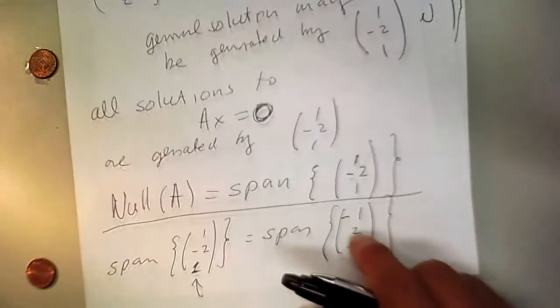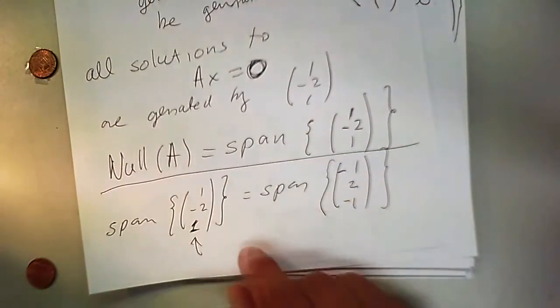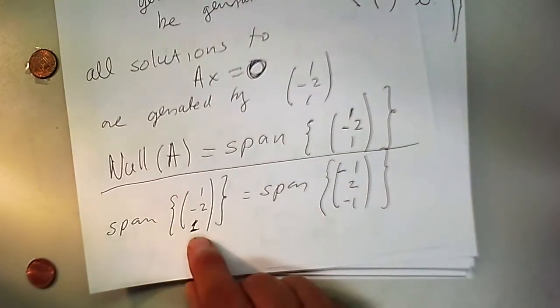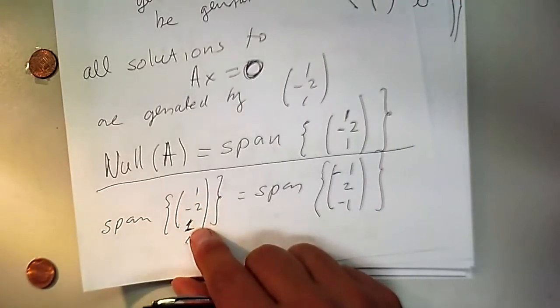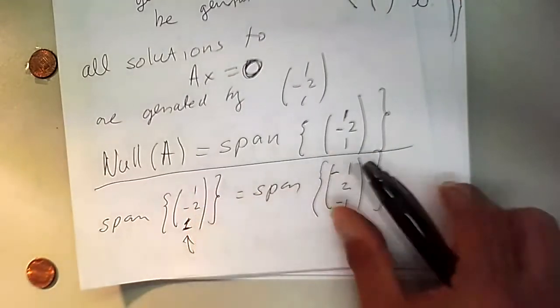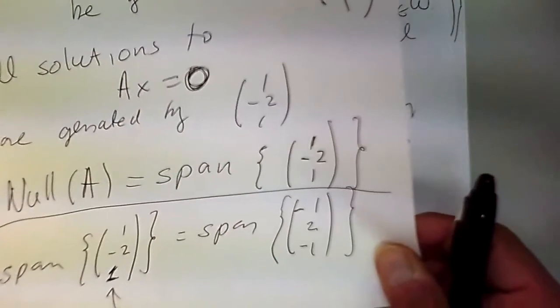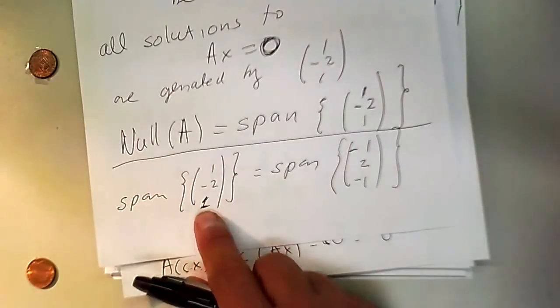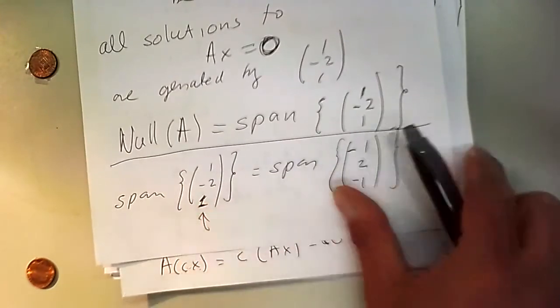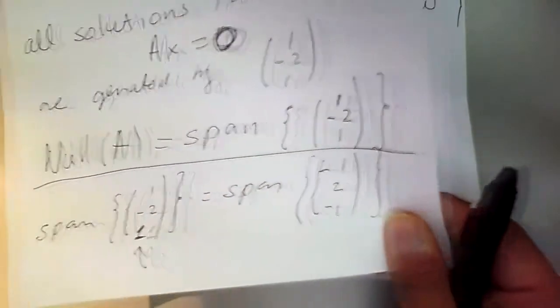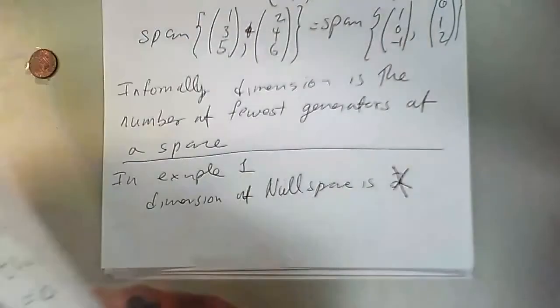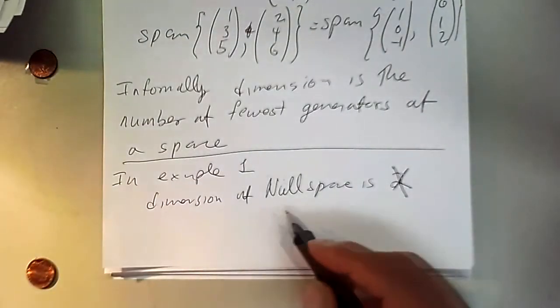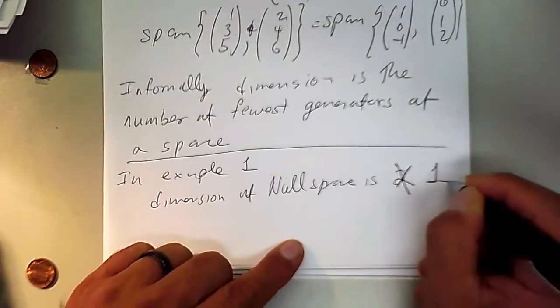The null space is generated by this vector, 1, negative 2, 1. So that is the null space, and there is only one vector. So what is the dimension of the null space? 1. So the dimension of the null space is 1.